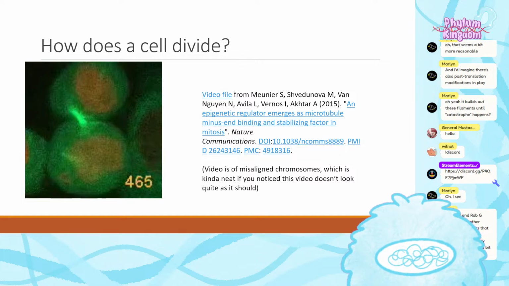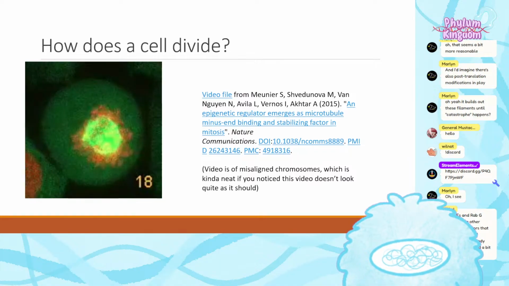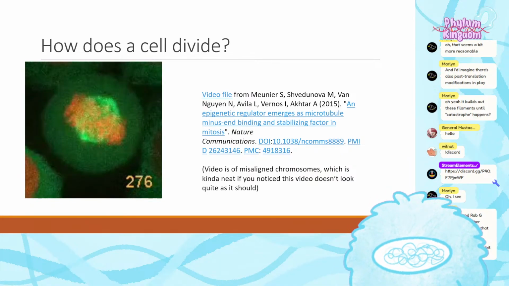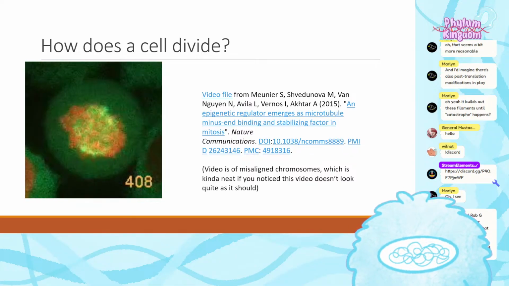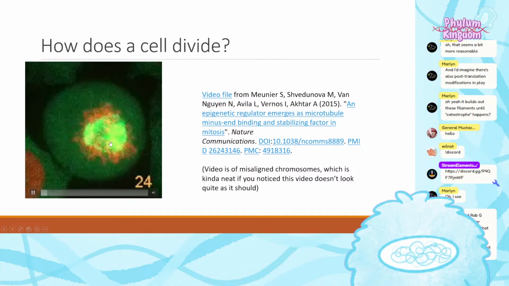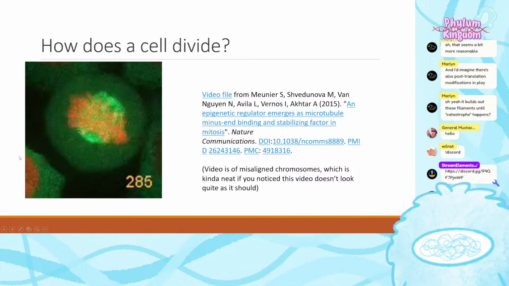Although in this particular video, it's actually I think a mutant or a treated cell that is struggling to do this correctly. So the chromosomes here are struggling to align very nicely along that mitotic plate. Yeah, so if you're a biologist and you don't quite recognize what's happening because it's just a little different, that's probably why. It's struggling to align properly here.